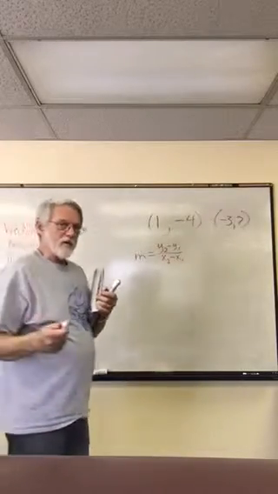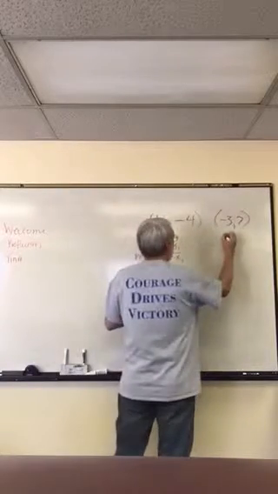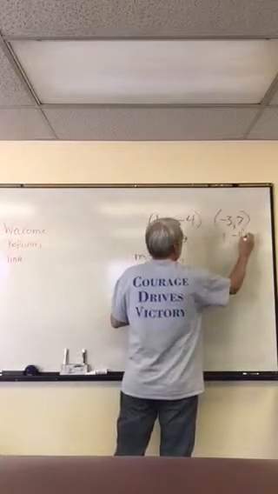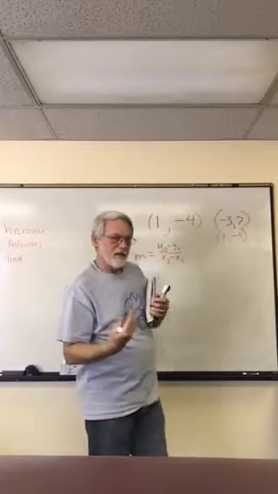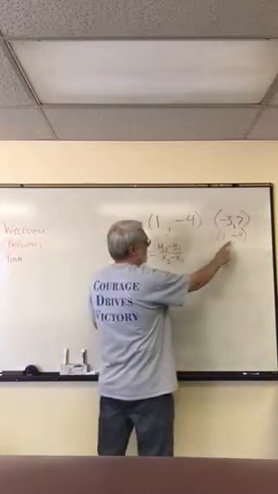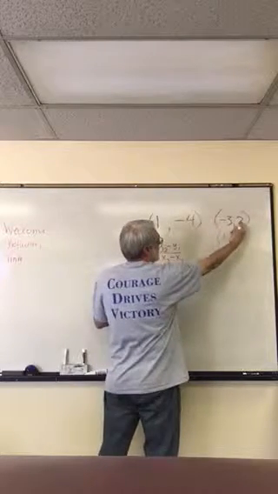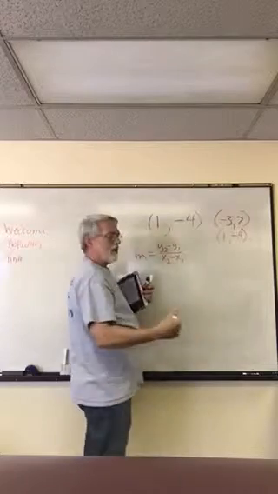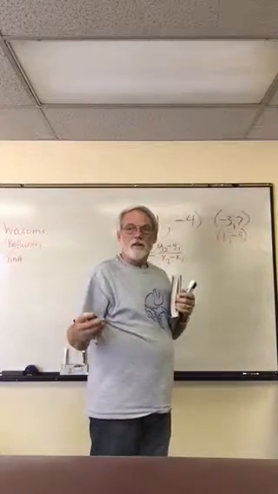We talked about it in Chapter 2, formulas, okay? But really, I don't do it that way. I just line them up like this. First, I decide which one of these points is further to the left on the graph, and that would be the -3. And so then I ask, to go from 7 to -4, am I going to go up or down? I'm going to go down, so it's going to be a negative slope.